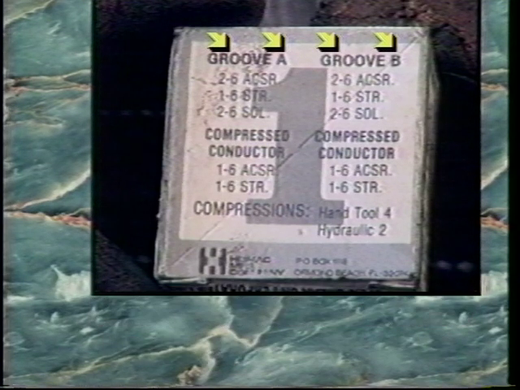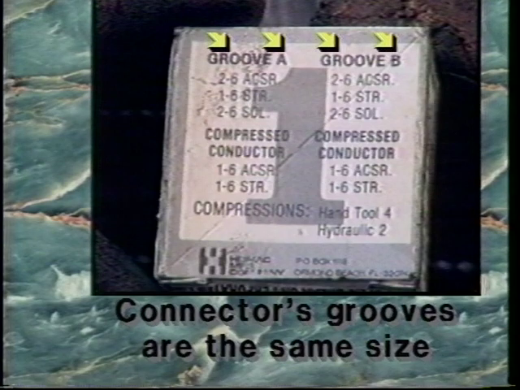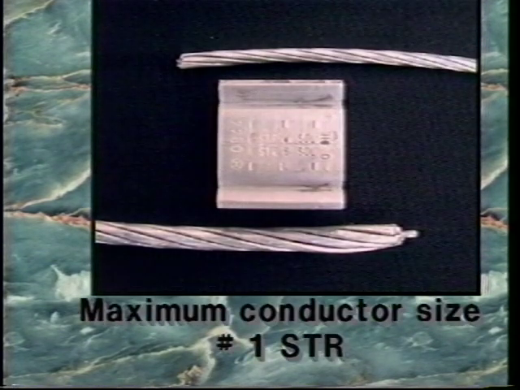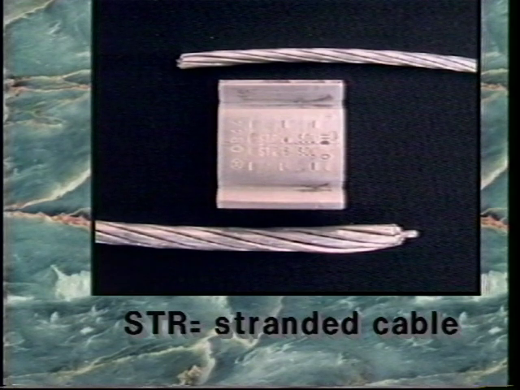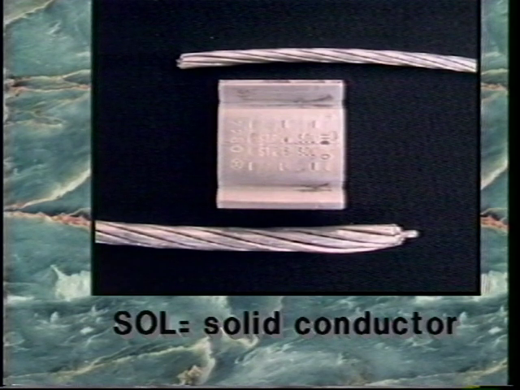In this example, the connector's grooves are the same size. The maximum conductor size for groove A and B is number 1 STR, and the minimum number 6 SOL. STR indicates stranded cable, and SOL a solid conductor.